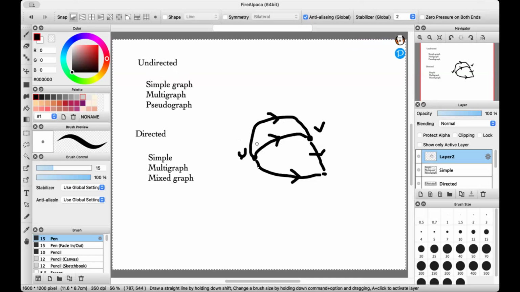So this counts here, but they have to be in the same direction. And then you have a mixed graph, which allows a mix of directed and undirected edges. So something like this, and you're also allowed loops, where the loops might have direction as well. Does that make sense so far?